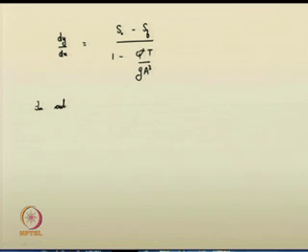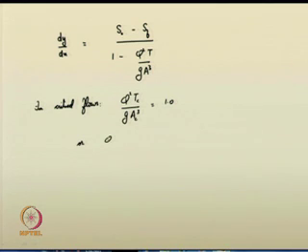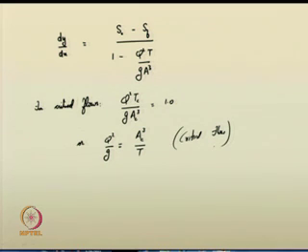So, as suggested earlier, for critical flow, q square Tc by G Ac cube is equal to 1, or q squared by G is equal to Ac cube by Tc. This is for critical flow, right. For critical flow, q squared by G is equal to Ac cube by Tc.